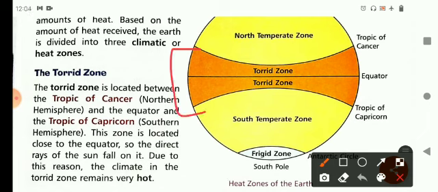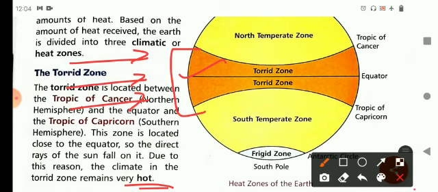As you can see, this is the Tropic of Cancer and Tropic of Capricorn in the southern hemisphere. This zone is located close to the equator, so direct rays of the sun fall on it, and due to this reason the climate in the torrid zone remains very hot.